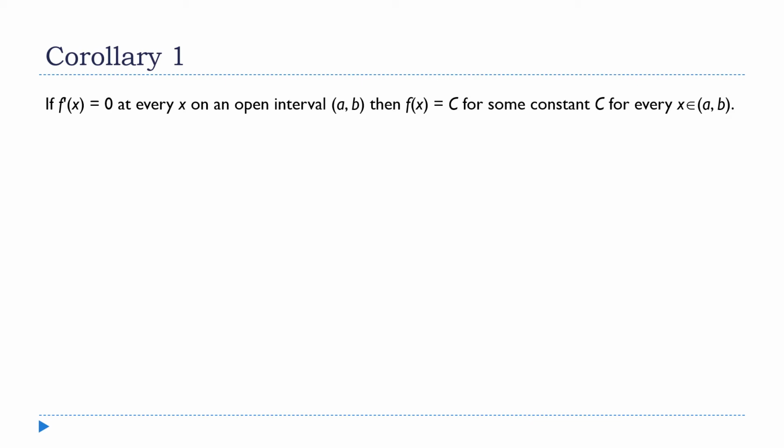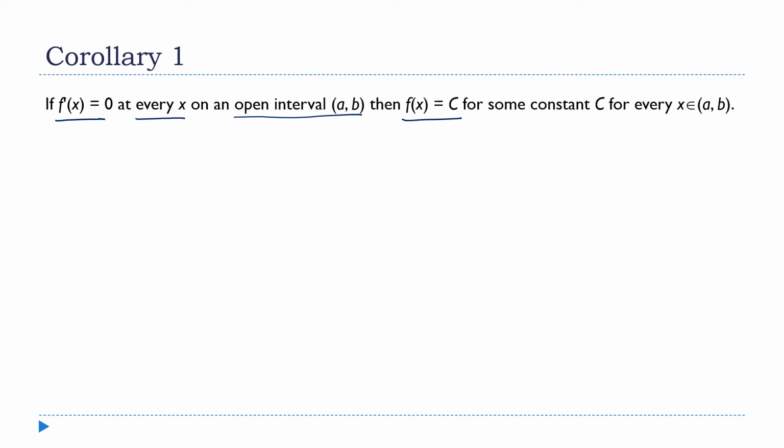So here, take a look at this. What this is saying is if the derivative of a function is 0 at every x on an interval, so the derivative is constant, it's 0 everywhere, then the function is equal to a constant.